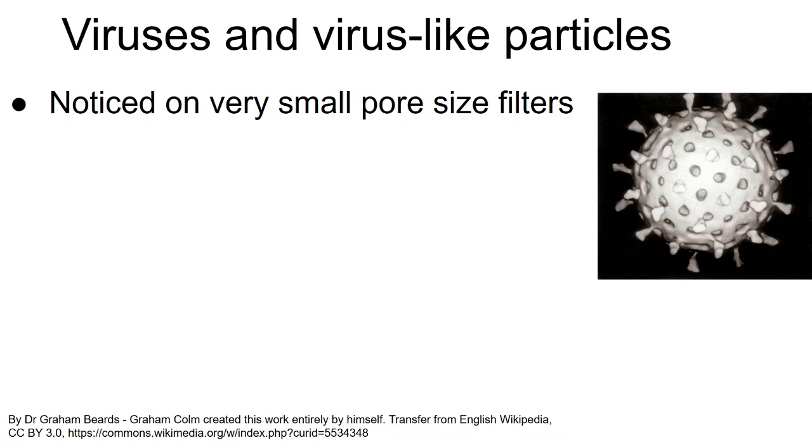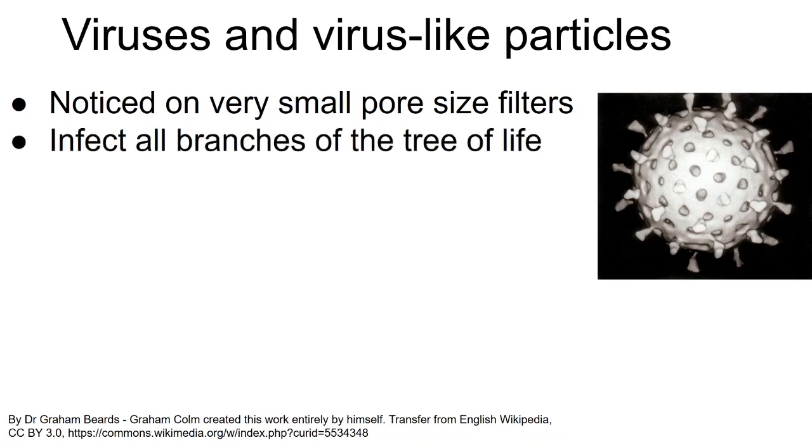It's important to remember that there are viruses that affect every branch of cellular life. So there are viruses that affect bacteria, archaea, and eukaryotes. Eukaryotes being the large domain, the group of organisms that's most like us and includes humans.